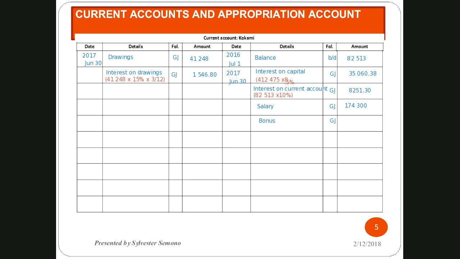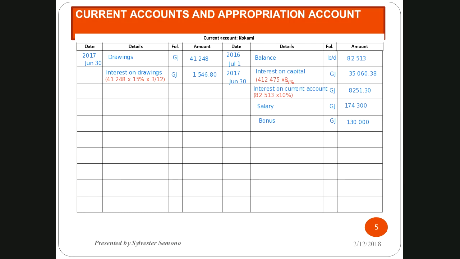Okay, so we need to make sure that we balance this account because we still have to appropriate. So when we calculate the appropriation amount, it means we need to give his share of profit, like we did to Sylvester.